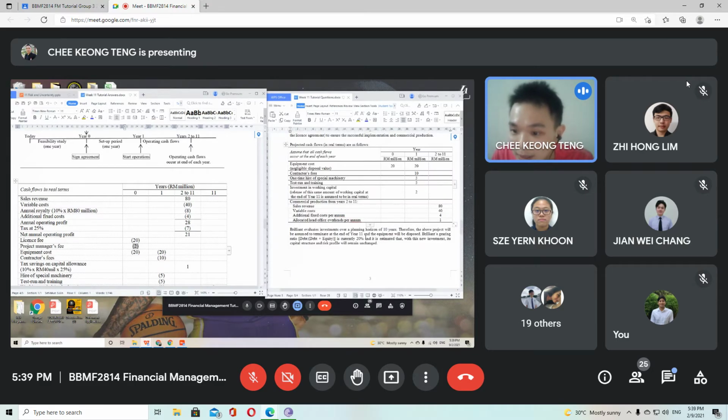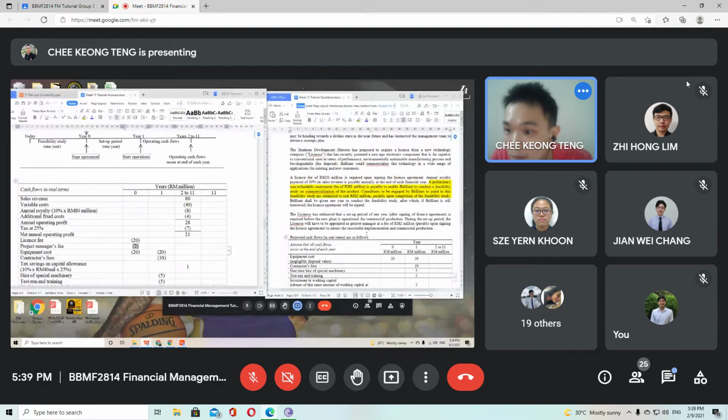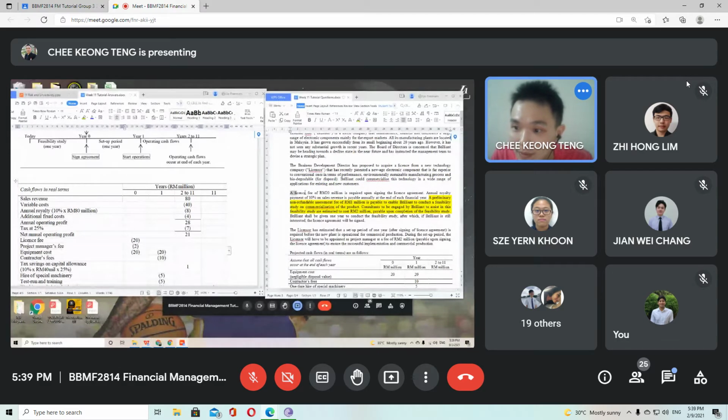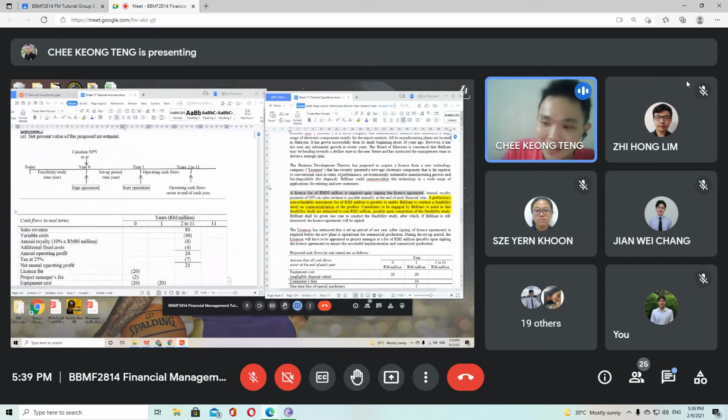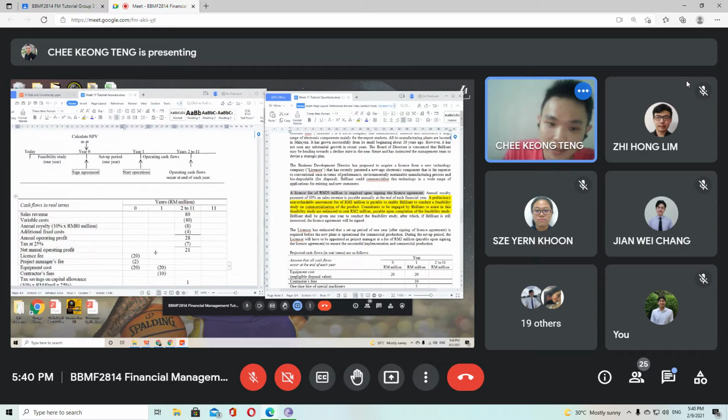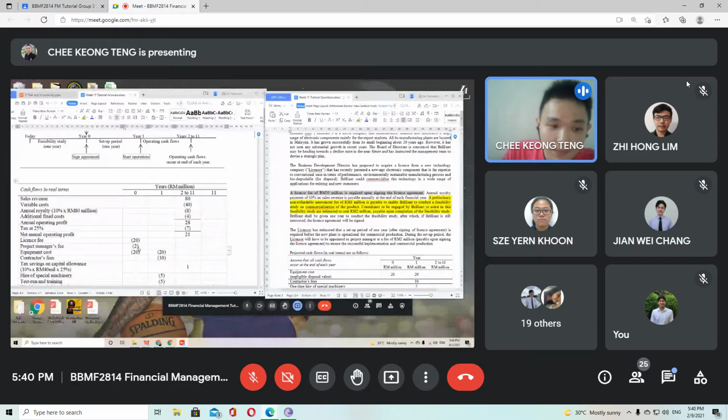A license fee of 20 million is required upon signing the license agreement. So you must understand all this timing, which is very confusing. But if you understand the case, signing of the license agreement is at year 0, so we record 20 million at year 0. And this is the 2 million fee for the project manager.